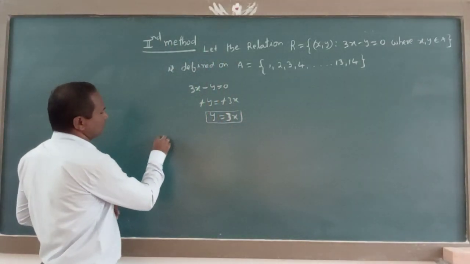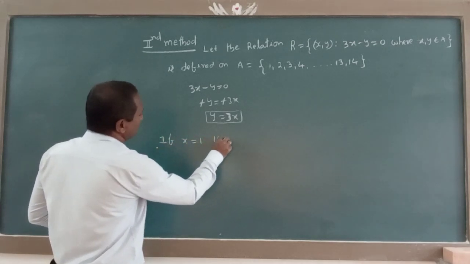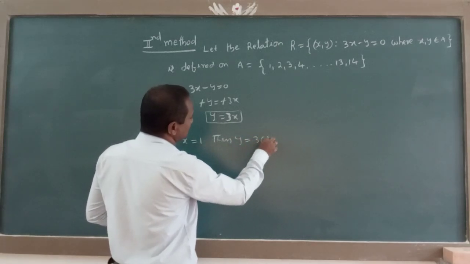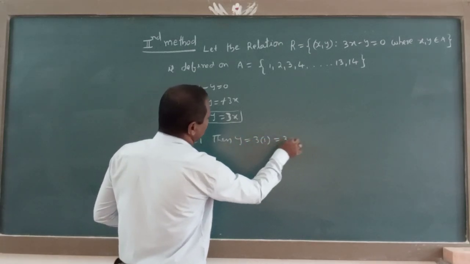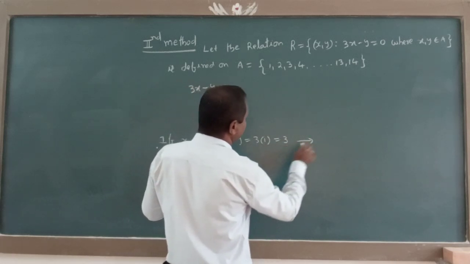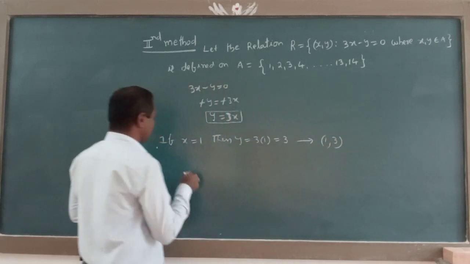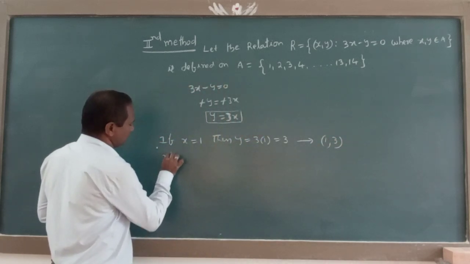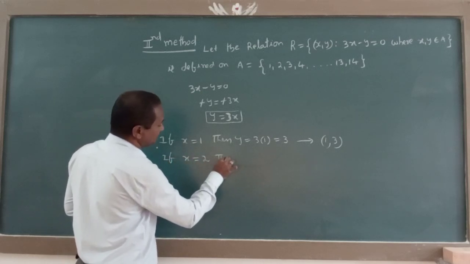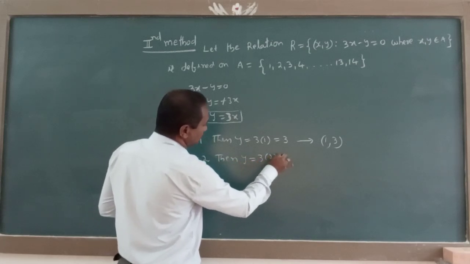If x is equal to 1, then y is equal to 3 into 1, that is equal to 3. For this we are getting the first element is 1 and second element is 3, 1 comma 3. If x is equal to 2, then y is equal to 3 into 2 is equal to 6.